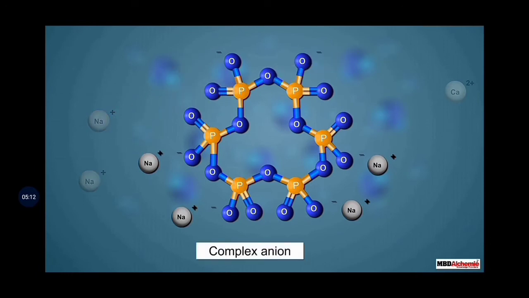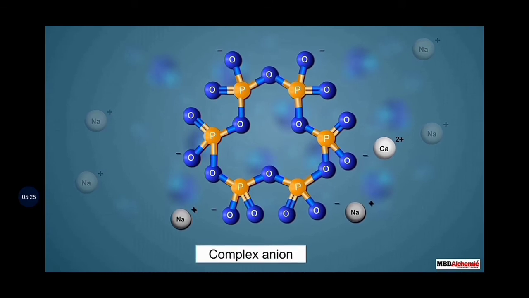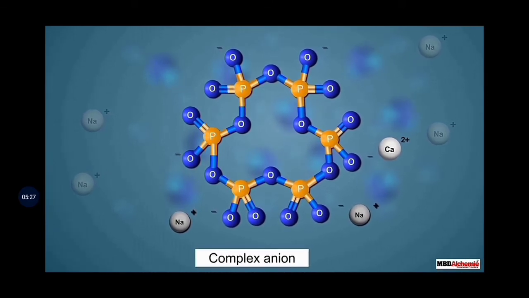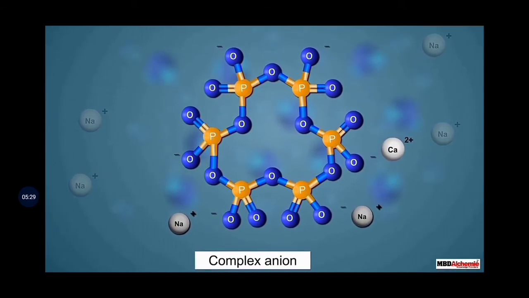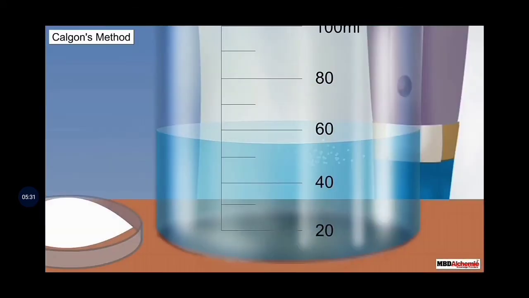The complex anion further loses 2 sodium ions and captures 1 calcium ion or 1 magnesium ion from the water in return. As a result, the calcium or magnesium ion of the water becomes a part of the complex ion and no more remains free. This way, the complex anions of calgon capture all calcium and magnesium ions of the water, thereby removing its hardness.